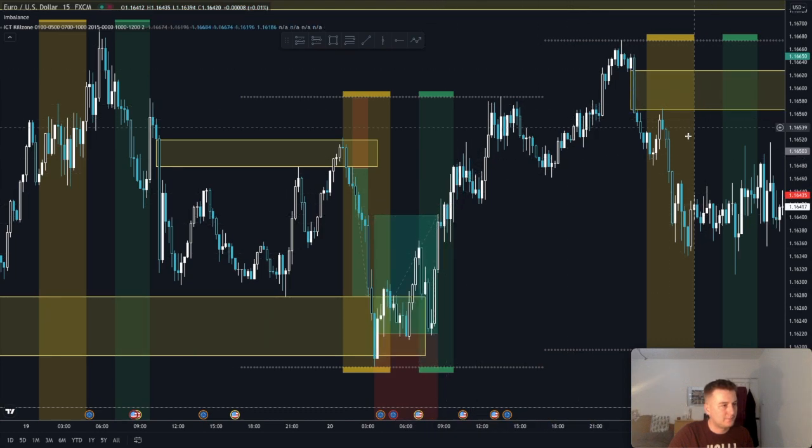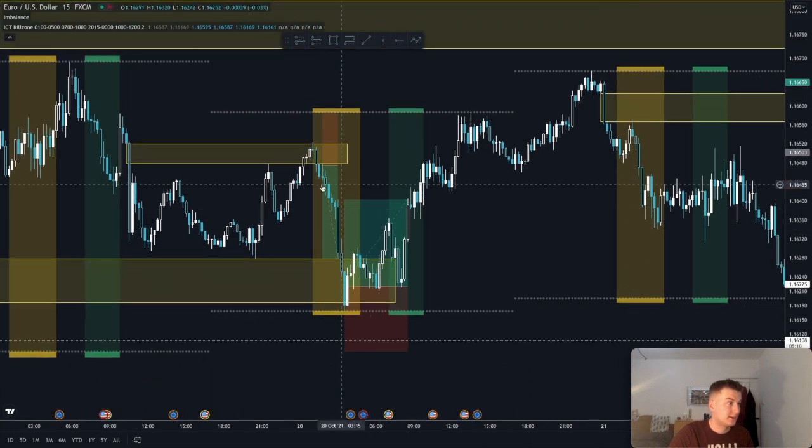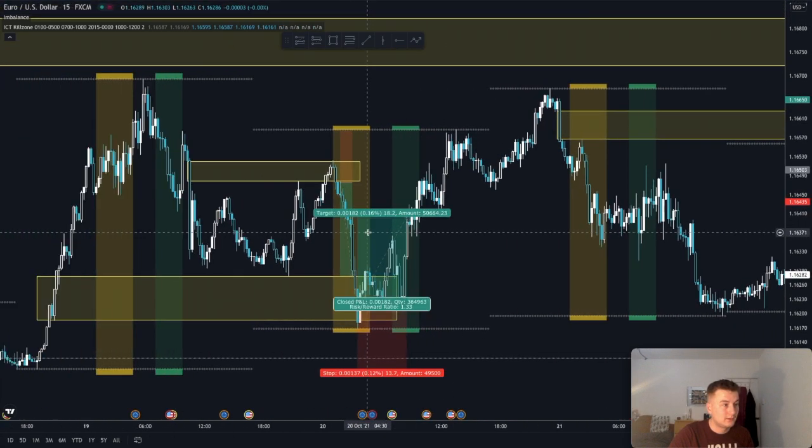But price carried on going up, and I won another 1.33% that day. So yeah, it was a nice and easy day that was. Two winning trades, can't go wrong.